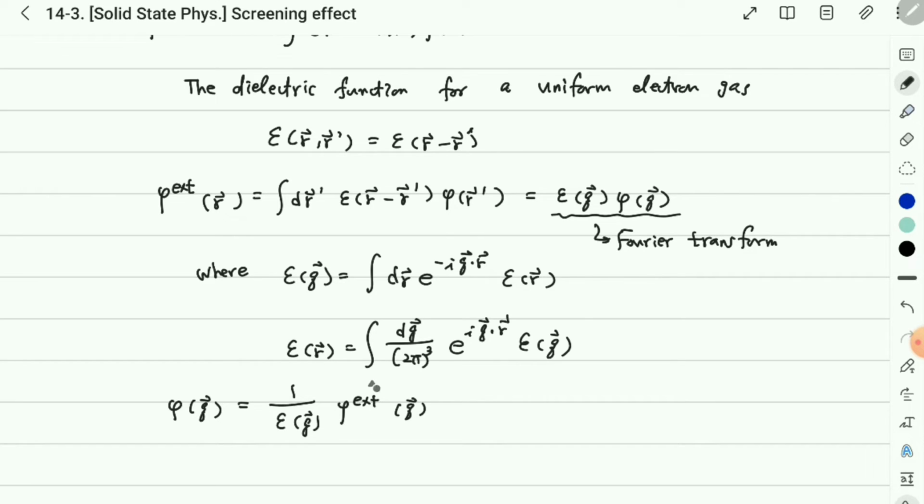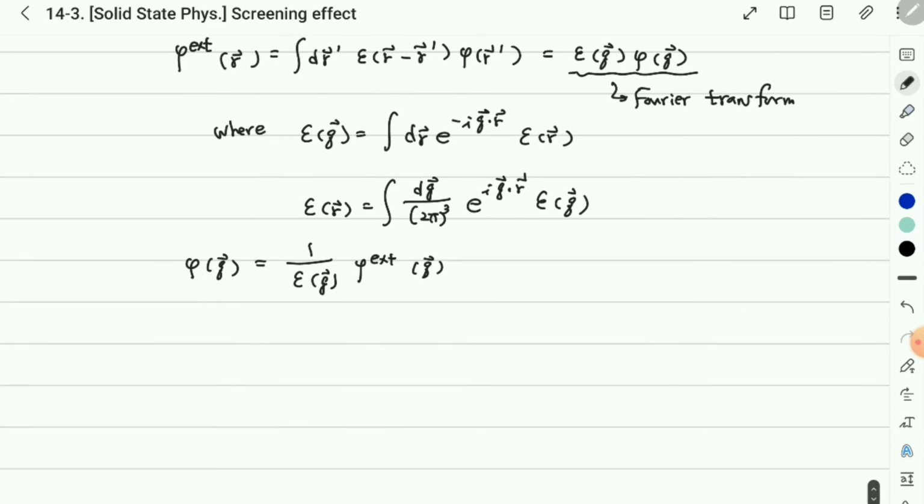The ionic potential is screened out by electronic clouds, and the electronic clouds make the dielectric function, and that also gives rise to the total potential.